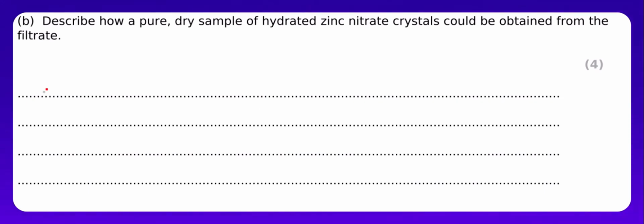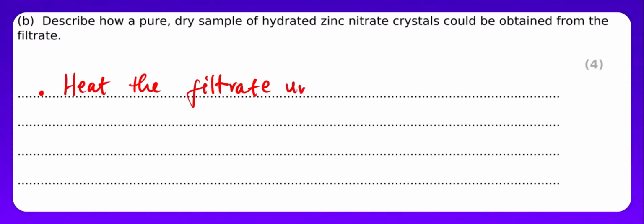So the first thing that you need to do once you have a filtrate, since this is a soluble salt, is to ensure that we heat that filtrate until we reach the crystallization point. So you can say heat the filtrate until the crystallization point is reached.